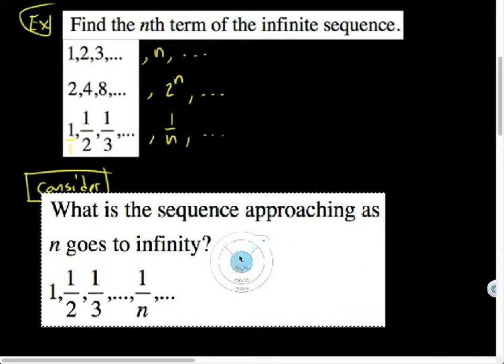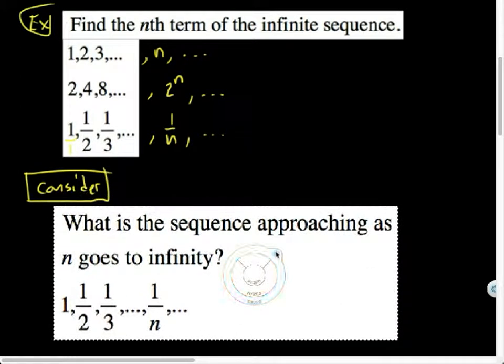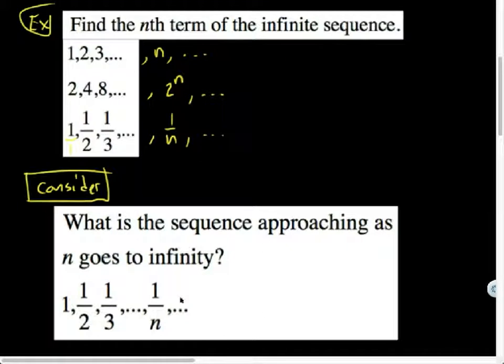Here's the question. What is the sequence approaching as n goes to infinity? Like, what number is this getting closer to? What are your thoughts? Closer to 0? Yeah. Is it ever going to be negative?